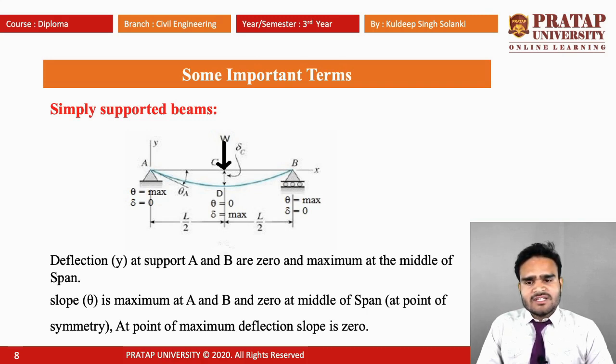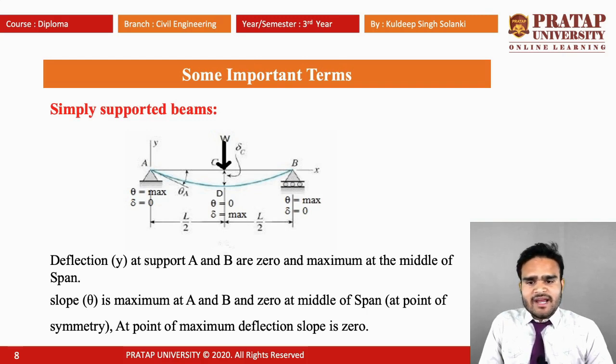This is the maximum deflection, and at C, theta equals 0, it means the slope is 0 at C. Because if we draw the tangent to the deflected shape at C, the tangent is horizontal, and we measure the angle from the horizontal or neutral axis. Our neutral axis is also horizontal, so the angle at C equals 0.